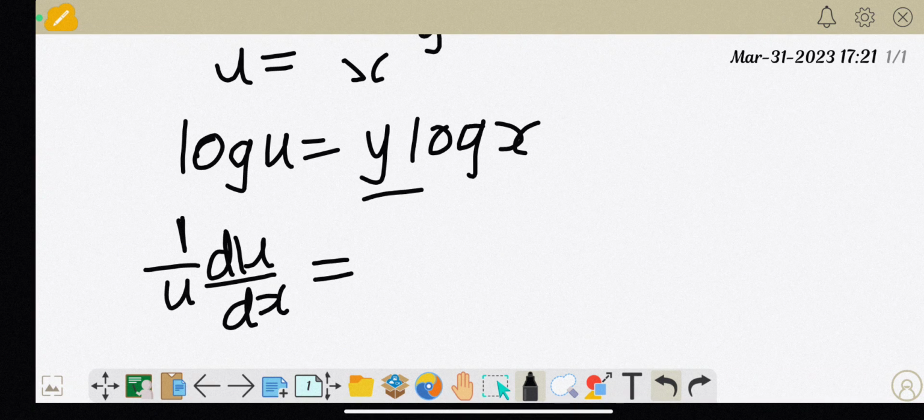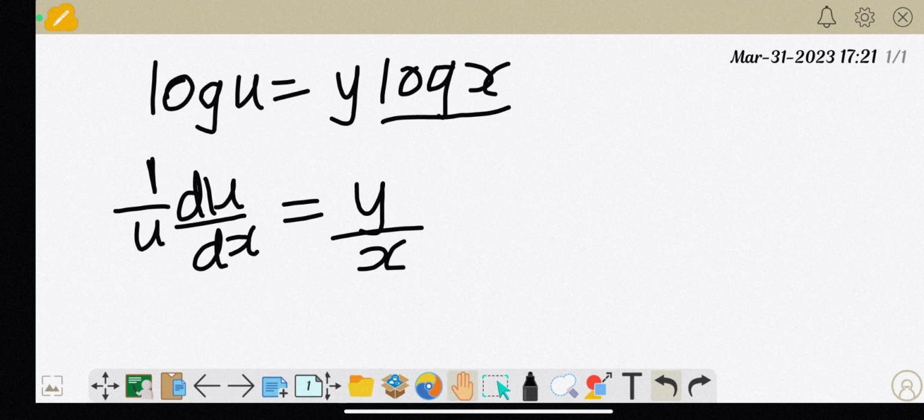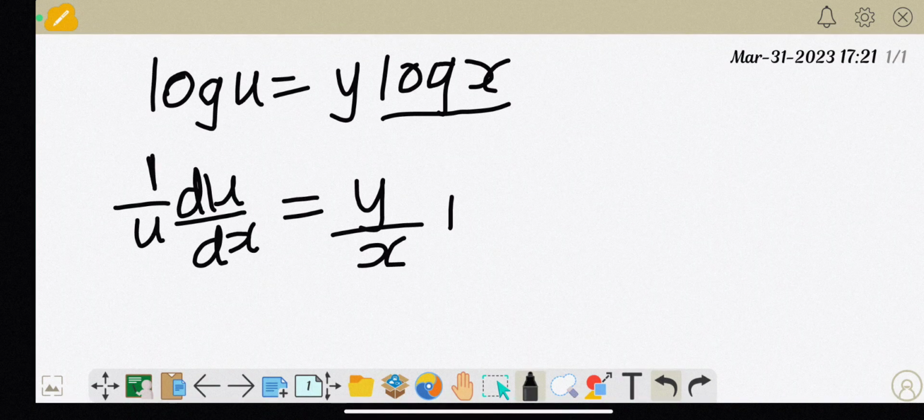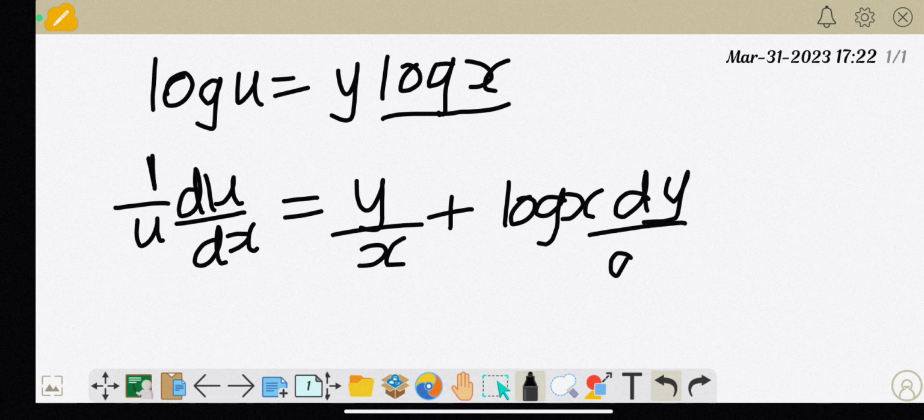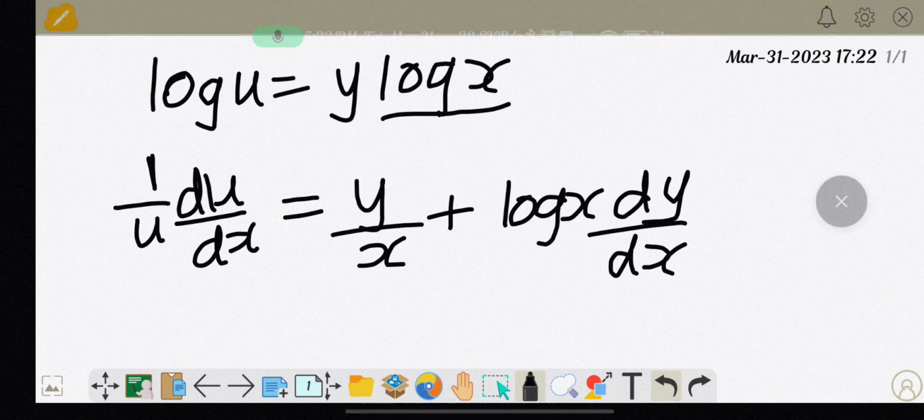And here, differentiation of this, product rule: first into differentiation of second, differentiation of log x is 1 by x, plus second term into differentiation of first. Correct.